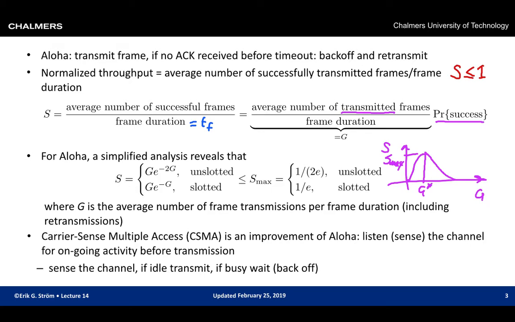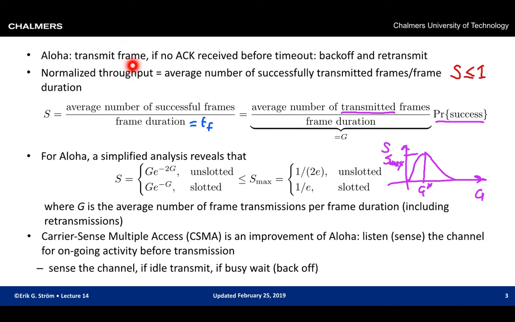And you might have imagined that, of course, we could do better, because in ALOHA, whenever a station has a frame ready for transmission, it basically transmits it. It would be a smarter thing to listen to the channel first to see whether there is some traffic ongoing on the channel already, and if so, why even transmit?